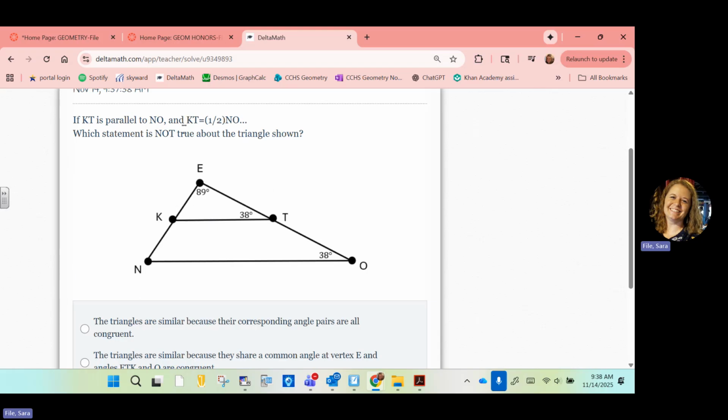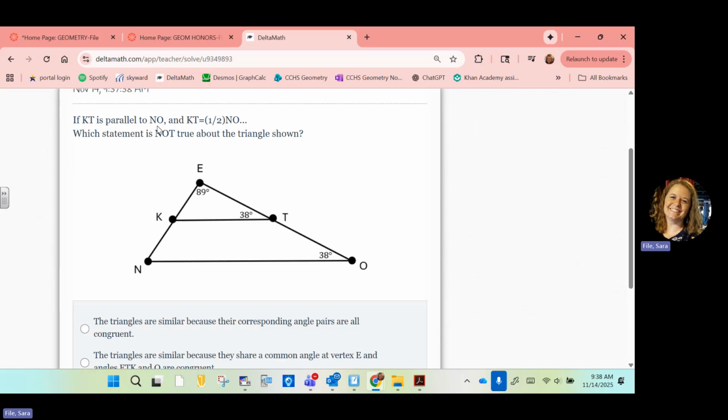Now they also tell us that KT is half of NO. So if it's half, doesn't that mean it's the mid segment? Yeah. So knowing that the mid segment is parallel to one side and half that length, you have to know that. That was back in unit 4.